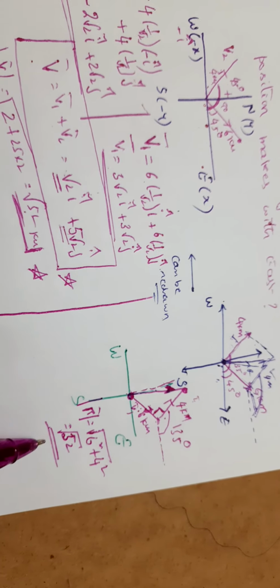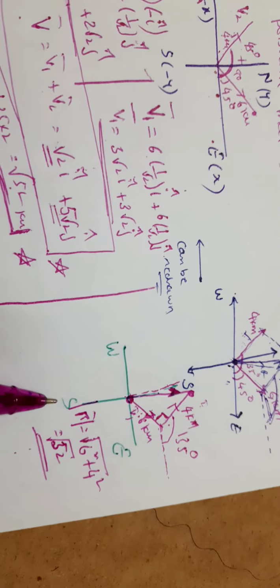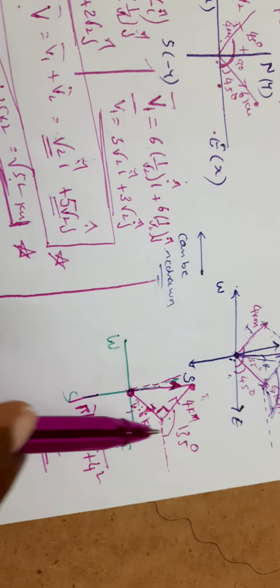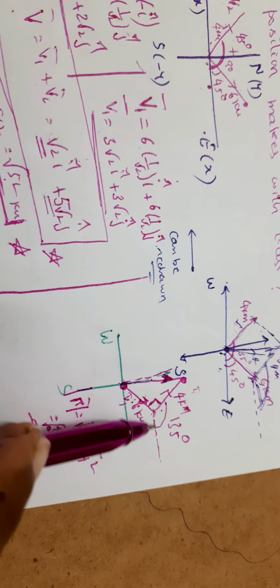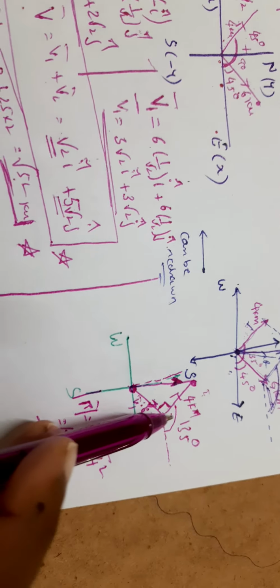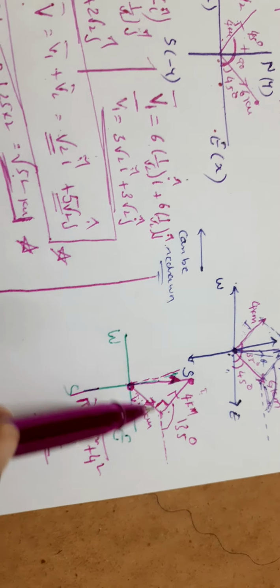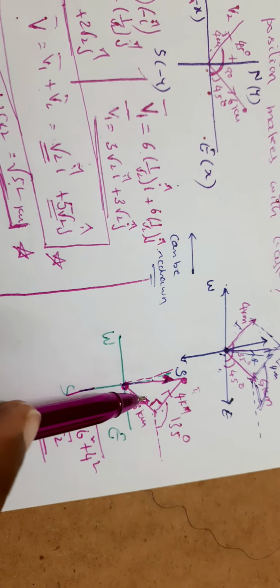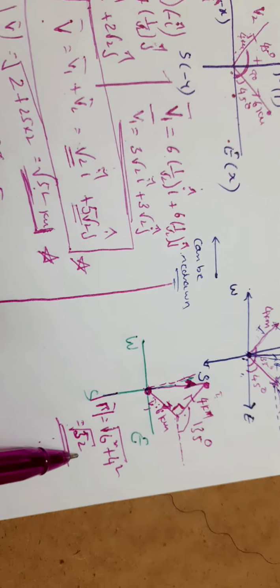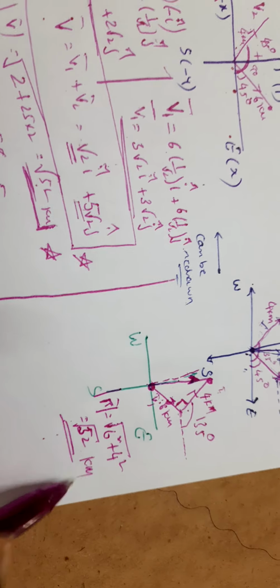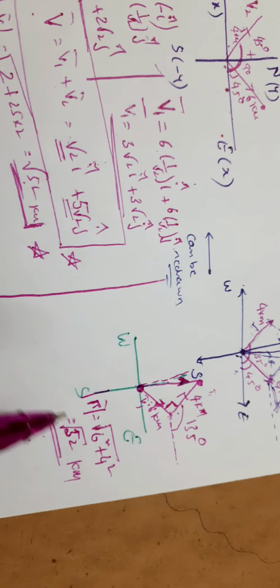Very easy. You just have to draw parallel to the x-axis and the y-axis to see that it is 90 degrees here. So root 52 kilometers is the resultant magnitude.